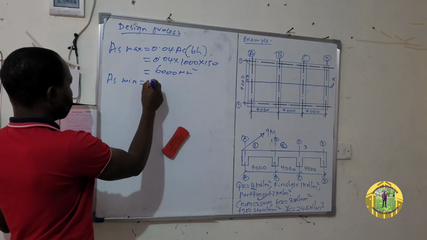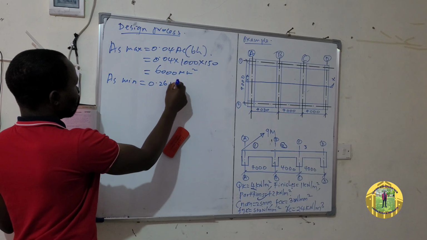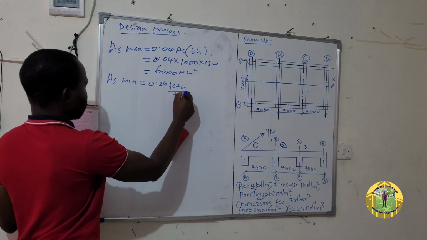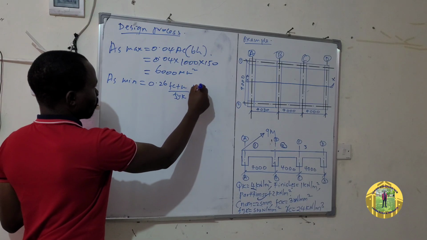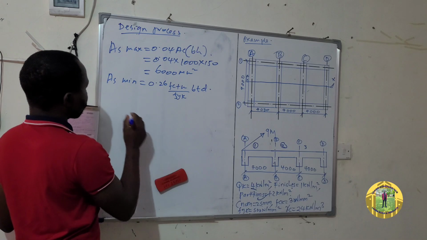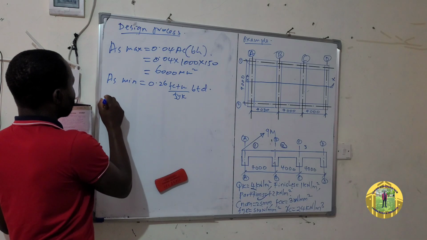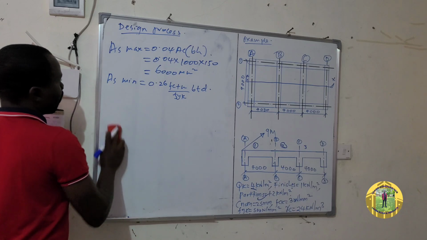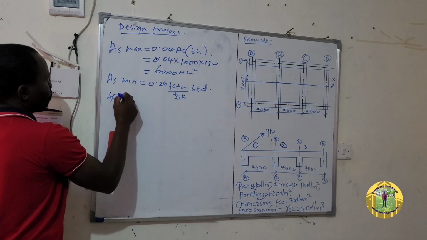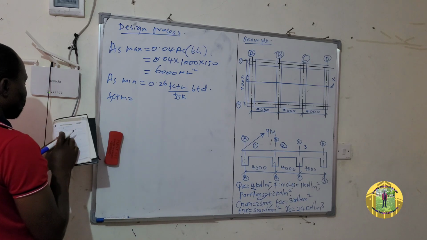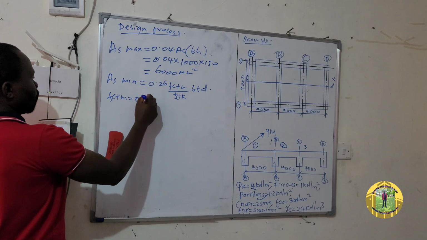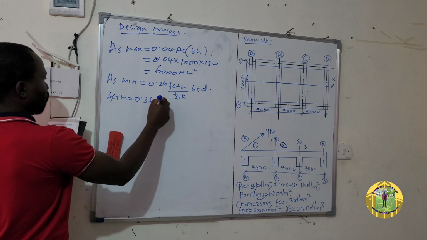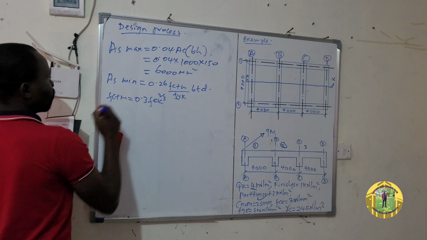And then the area of steel minimum is equal to 0.26 FCTM over FYK BTD, whereby FCTM is given by this formula: 0.3 FCK raised to power 2 over 3.